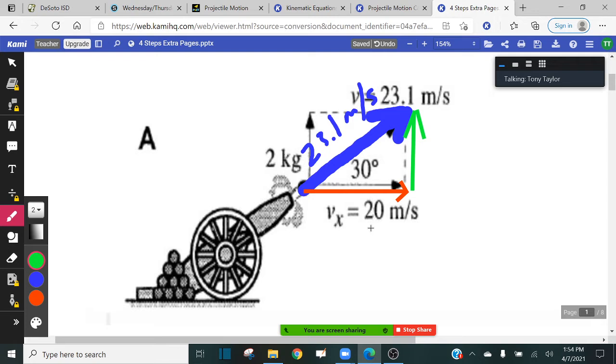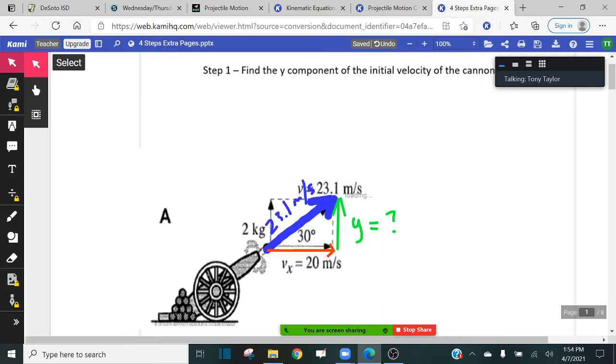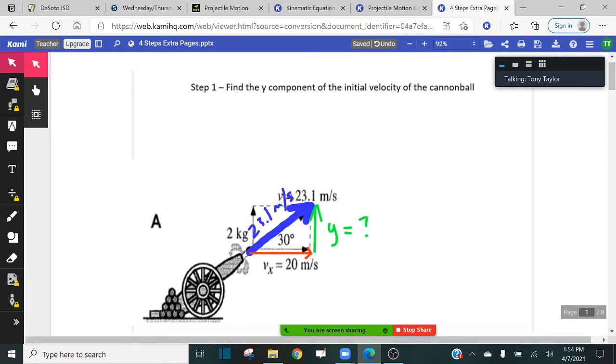They tell us that in the x direction, our cannonball is moving at 20 meters per second. However, we don't know what the velocity of the cannonball is in the y direction. That's what we want to find, right? Remember, that was step one. Step one says find the y component of the initial velocity of the cannonball.